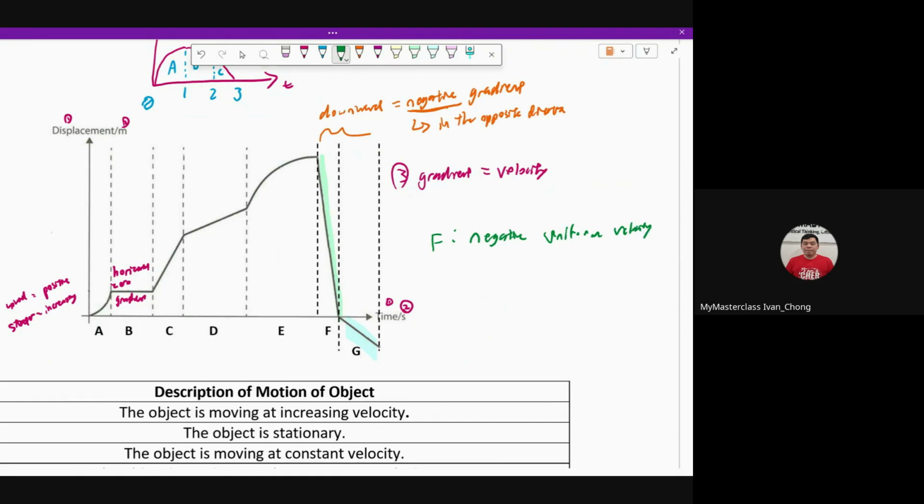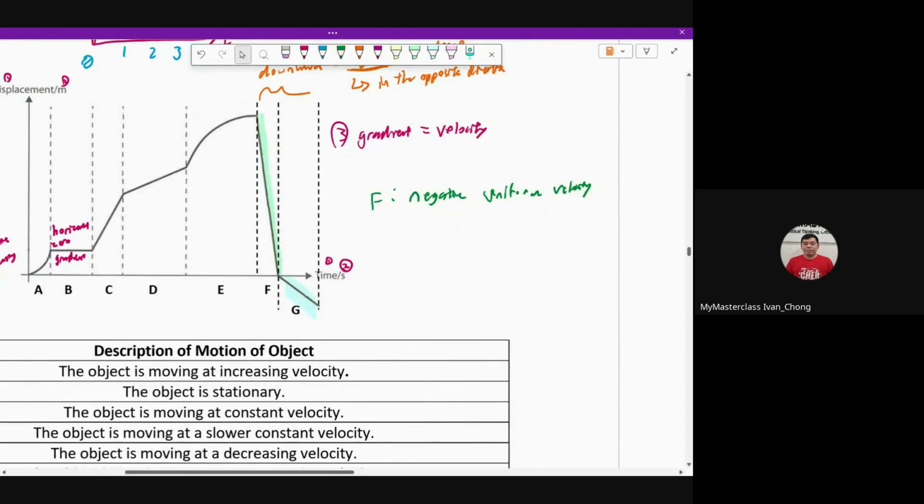If you say it like this, it's not wrong, but most schools will not accept it. So instead, you should write uniform velocity in the opposite direction.